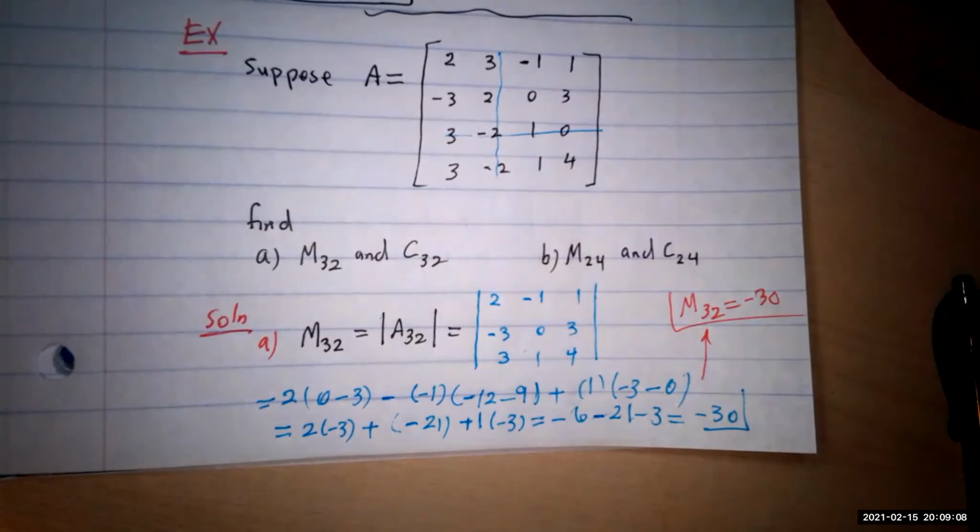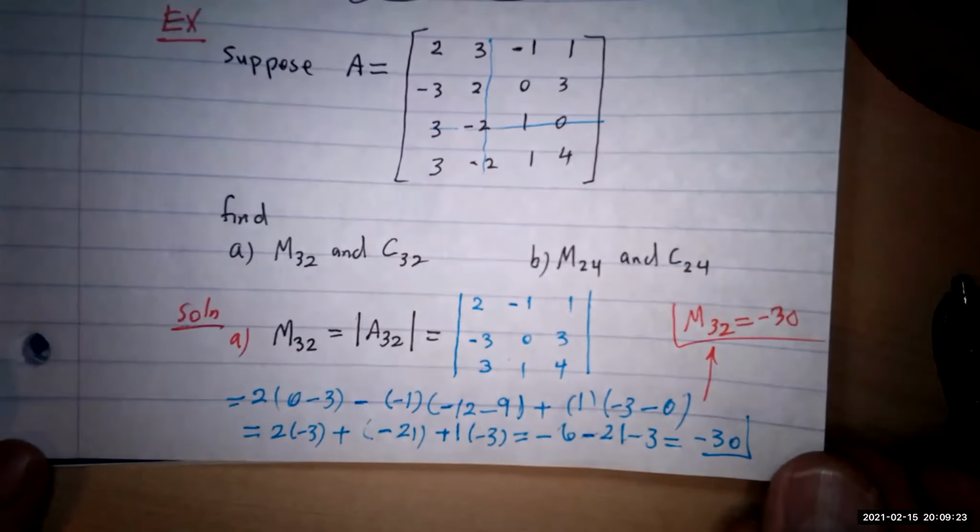M32 means eliminate the third row and the second column. Now for the cofactor, you just consider the sign, -1 to the 3 plus 2.